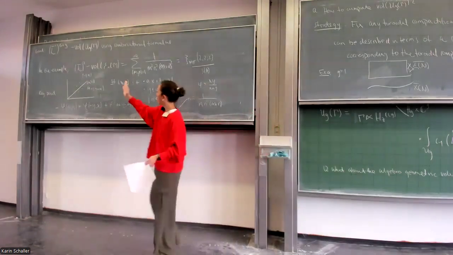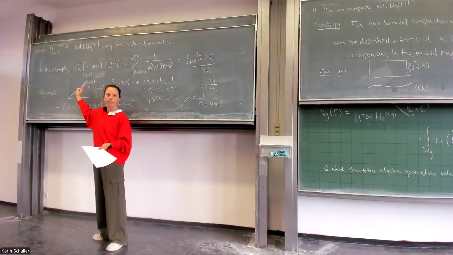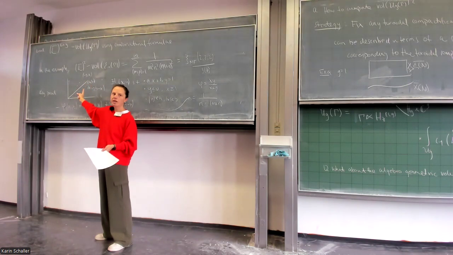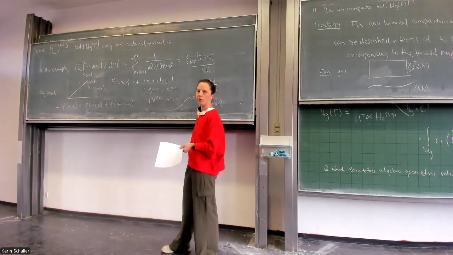This is the error term corresponding to this one ray. This is the thing that you have to add while taking the difference. But for each ray you have to take away this error term.